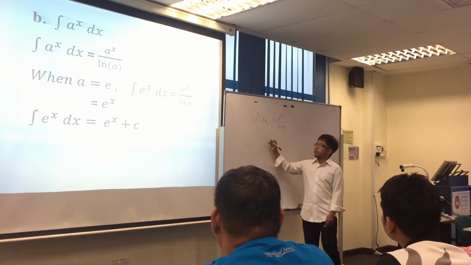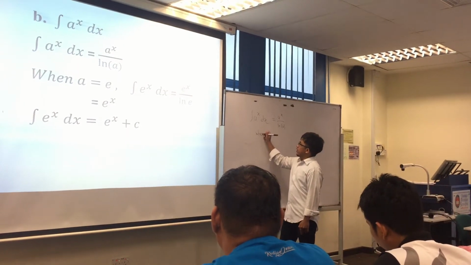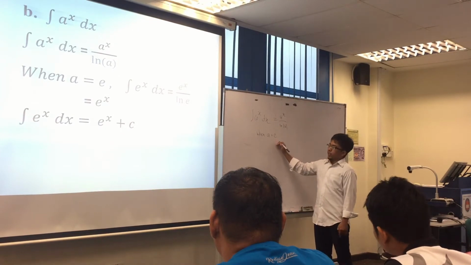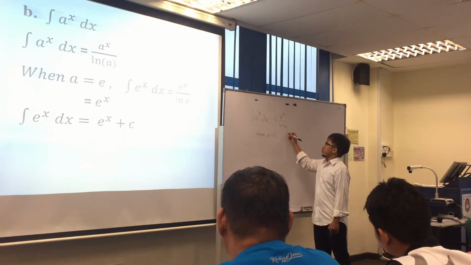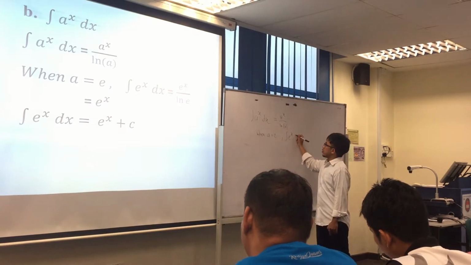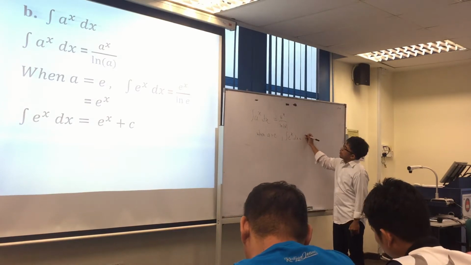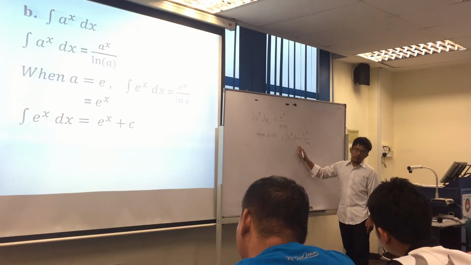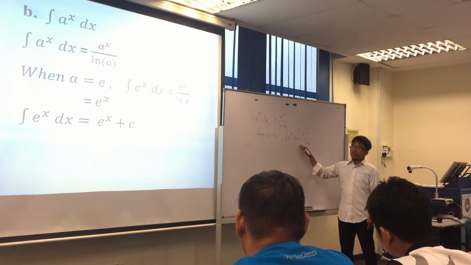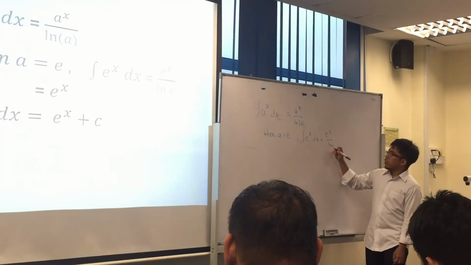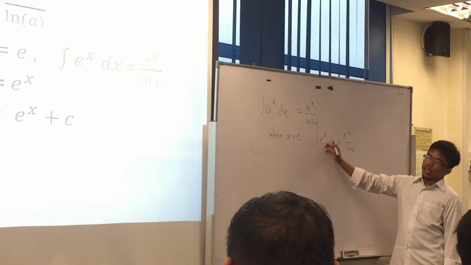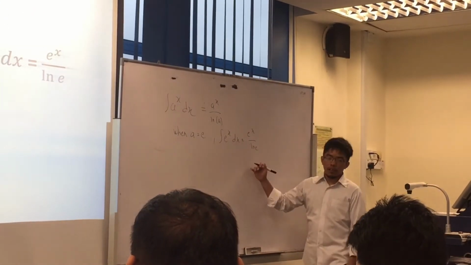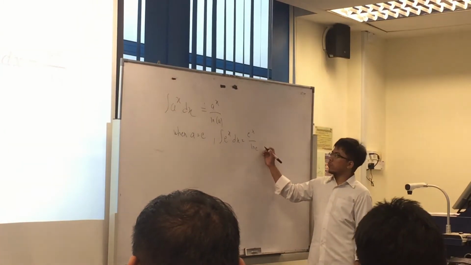The step is when a is equal to e, the exponential, and we integrate it. Do you understand this part? From the last lesson, when we integrate e to the power of x, we only get e to the power of x, right? Yes. This is because ln e is equal to 1.